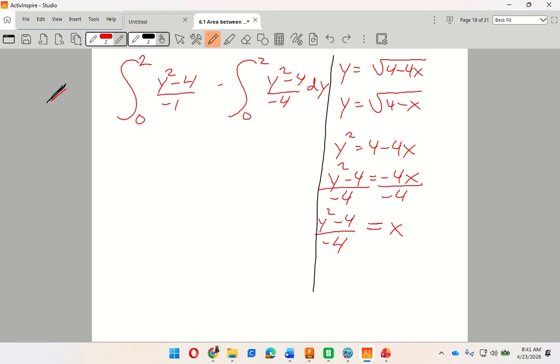Yes? Okay, -1 go out front, so it's an integration of negative, and that's going to be from 0 to 2 of y squared minus 4 dy. And then I'm going to get the -4 out front, so that's going to become a plus 1 over 4 from 0 to 2 y squared minus 4 dy.